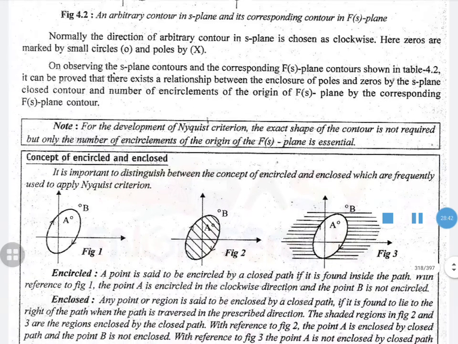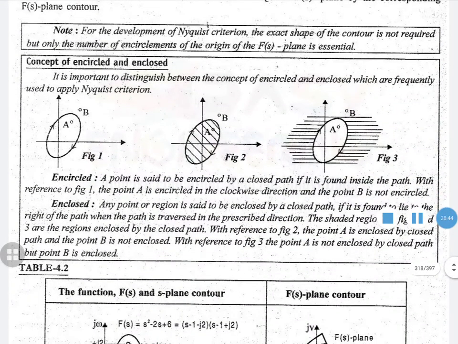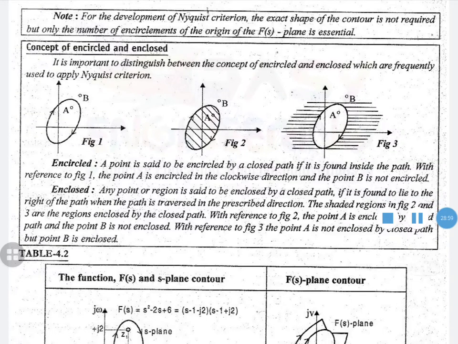Then we have seen what is encirclement and what is enclosed. This is the first figure, figure 1, which says the point A is encircled by the contour, while point B is not encircled. In the next figures, figure 2 and figure 3, the point A is encircled by the contour, but whether it is enclosed depends on the direction.